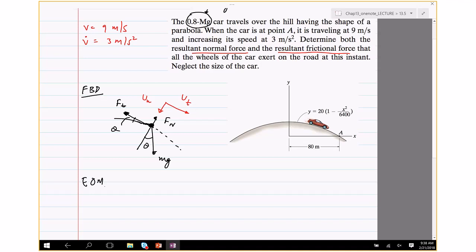So next we write the equations of motion. Fn is mass times acceleration in the normal direction, which is mv squared divided by rho. So let's try to write all the forces in the normal direction. Fn is clearly in the n direction, but it's in the negative un direction, so it's negative Fn.